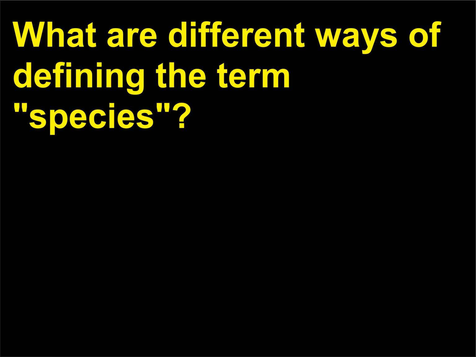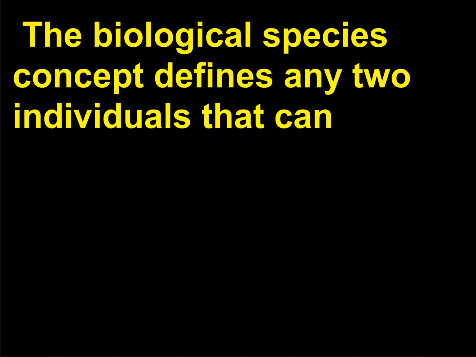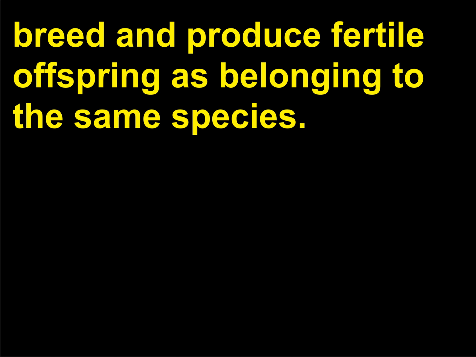What are different ways of defining the term species? A species may be defined in a number of ways. The biological species concept defines any 2 individuals that can breed and produce fertile offspring as belonging to the same species.